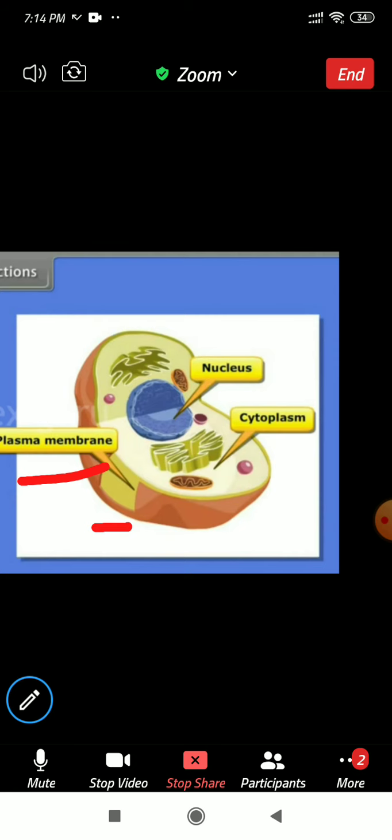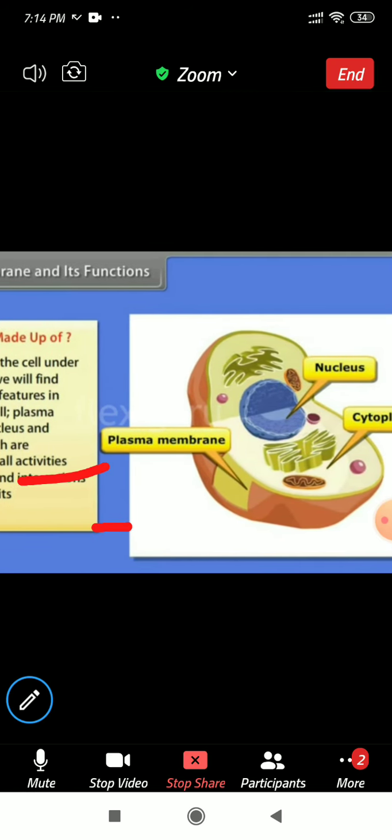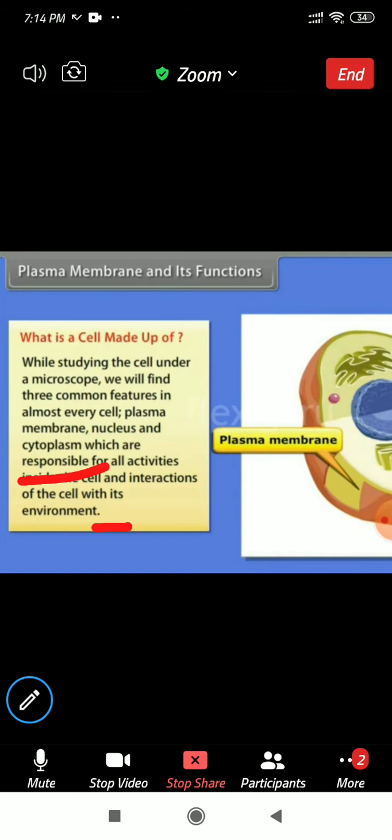The major function of the plasma membrane is protection. It also doesn't leak out the contents present inside the cell. It selectively gives entry and exit to the cell.